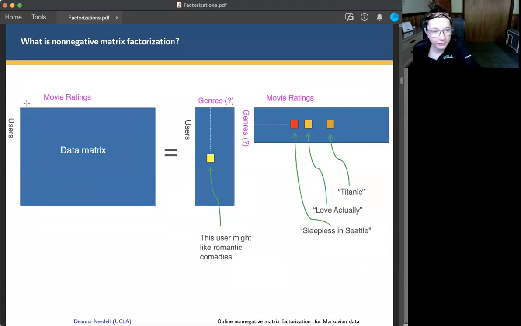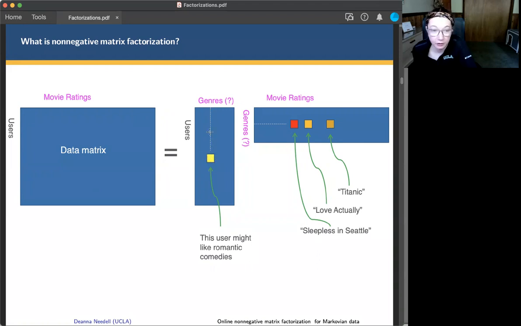So here's a more concrete example to really hopefully sink this in. Say we have users as our rows and movie ratings, so maybe each column corresponds to a movie and the entry corresponds to that user's rating of that movie. Then if we do this non-negative matrix factorization, we might look at this topic here, which maybe would be a genre. I say, okay, this user has a large entry here.